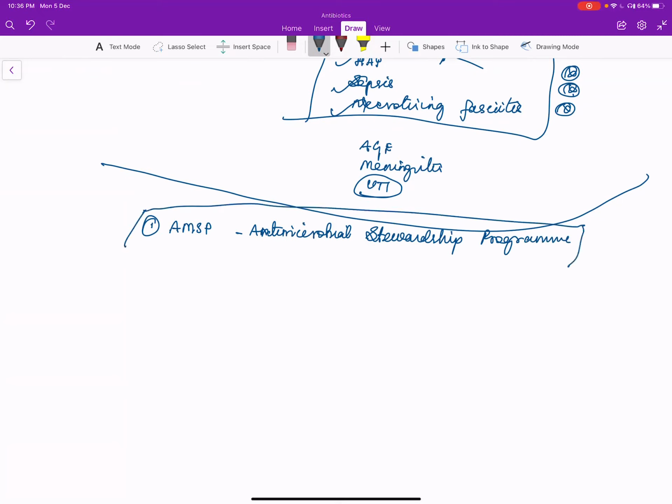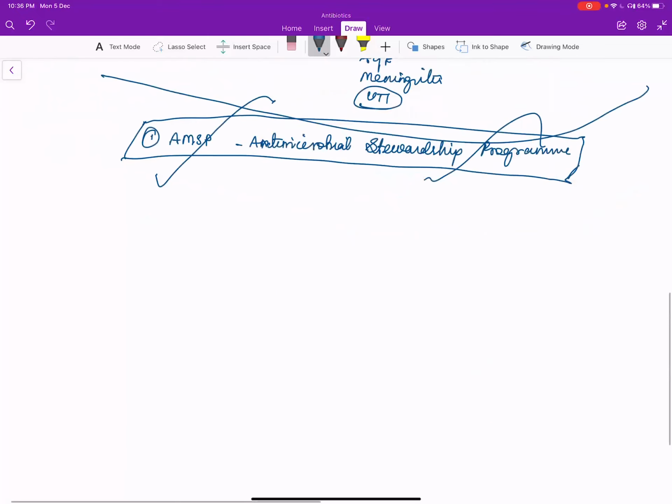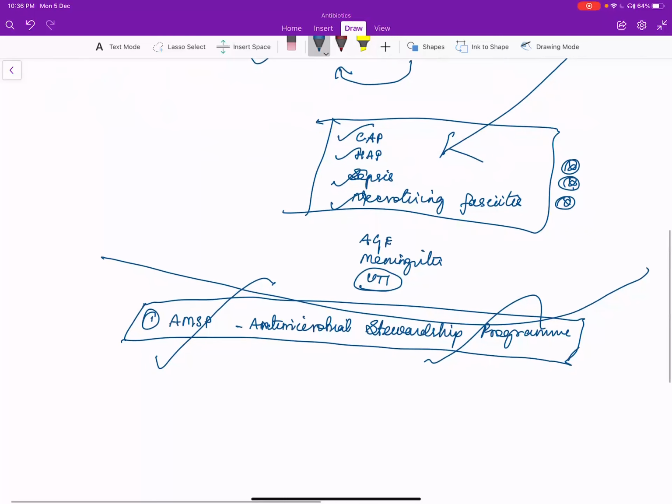We have to give antibiotics ideally. That is the entire idea of the antimicrobial stewardship program. Unnecessarily giving antibiotics is bad. Avoiding necessary antibiotics is also bad. So we'll discuss these aspects later. This is about the various therapies which we give with antibiotics.